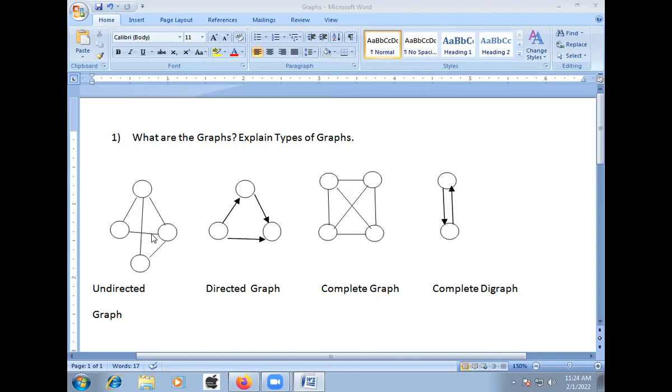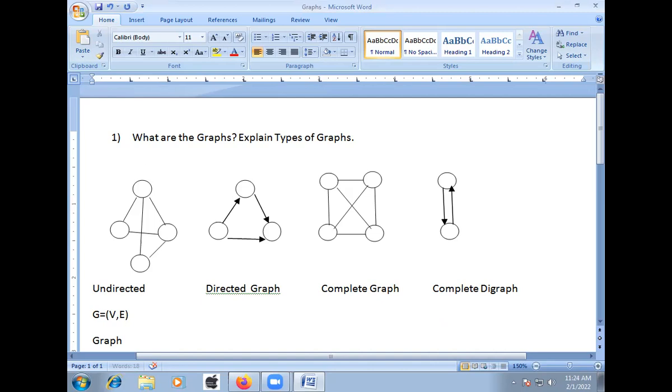So a graph is nothing but a collection of vertices and edges. Formally, a graph can be represented like this: G is equal to the combination of vertices comma edges.